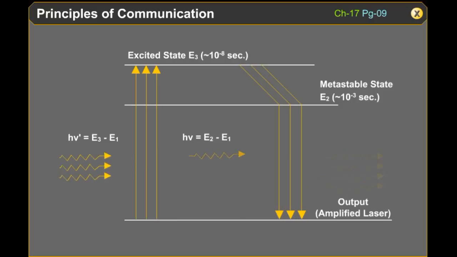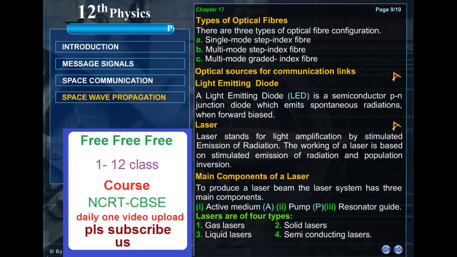All these photons are in phase and hence produce a very intense beam. Laser stands for light amplification by stimulated emission of radiation. The working of a laser is based on stimulated emission of radiation and population inversion.